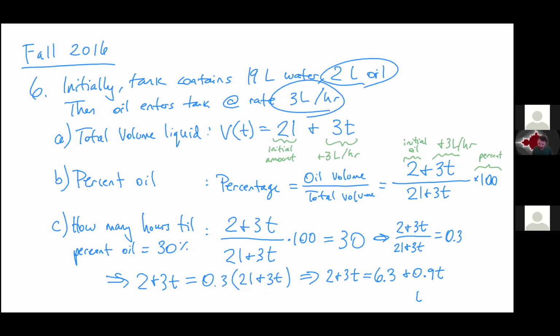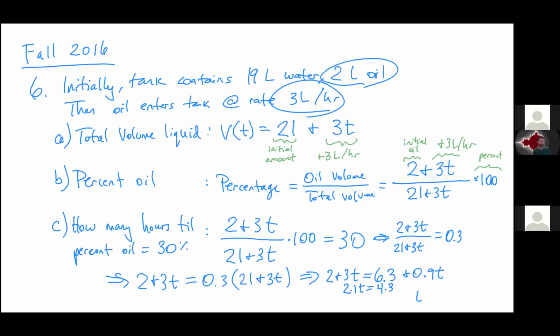Okay, and then I subtract 2 and 0.9t. So I subtract the 0.9t over to the other side. So 3 minus 0.9t is 2.1t. 6.3 minus 2, if I move that over, would be 4.3. And then I can divide both sides by 2.1.